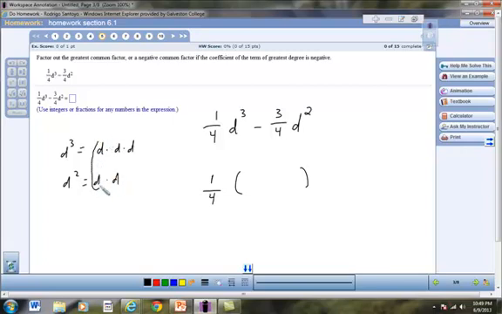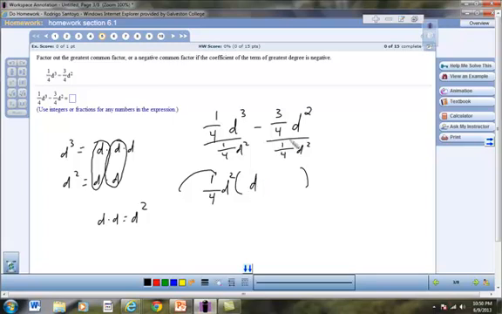And here we notice finding the GCF would be d times d, which is d squared, which you could also include there. So now all you're going to do, divide this by 1/4 d squared. Divide that by 1/4 d squared. We divide there, we get d. We divide here, we just get negative 3. So factored out, we get this as a solution.